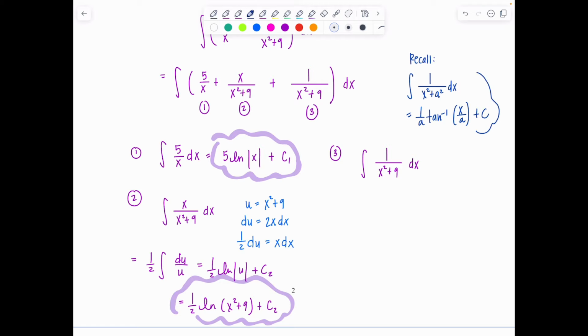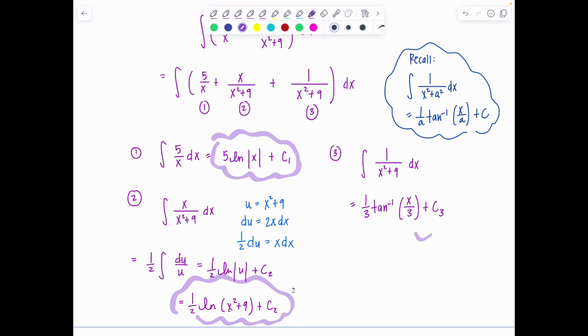But a few of them maybe wanted to show off how good they were at trig sub, and they trig subbed to get there. So we have 1/3 tan inverse x over 3 plus c3.